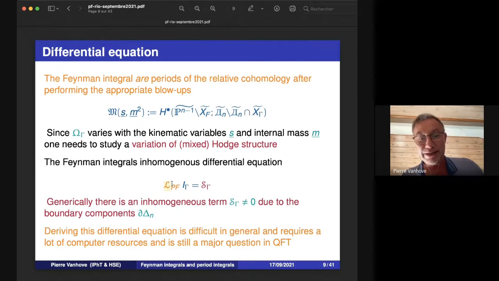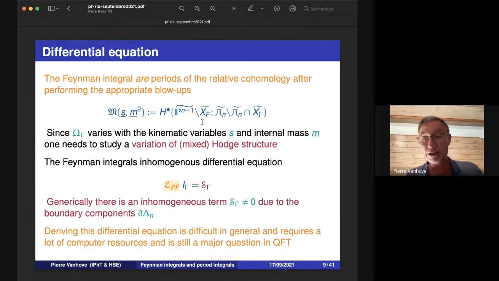So already deriving the minimal set of differential operators is something non-trivial, because when you look at the integral, it can be very deceiving about what you expect in terms of the underlying geometry that really controls this variation of mixed Hodge structures.